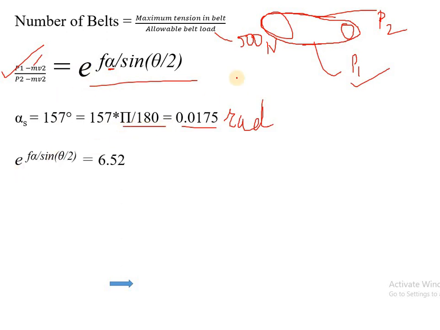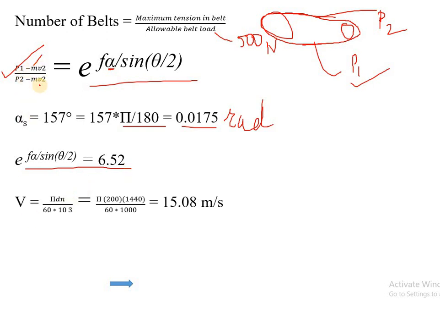Then theta is 34. Now alpha is in radians, and f is the coefficient of friction, which is given as 0.2. So this term is 6.52.